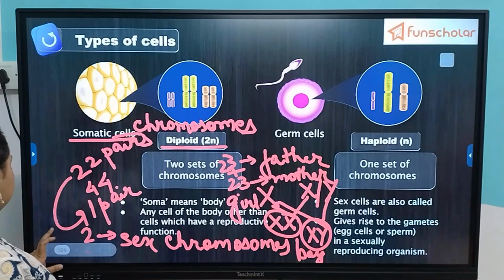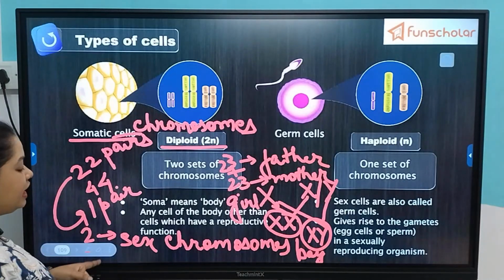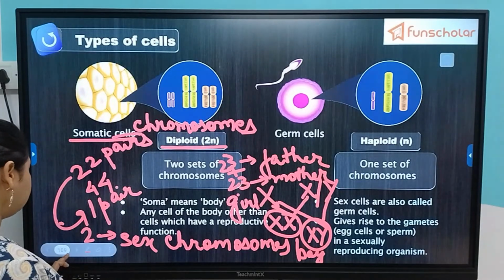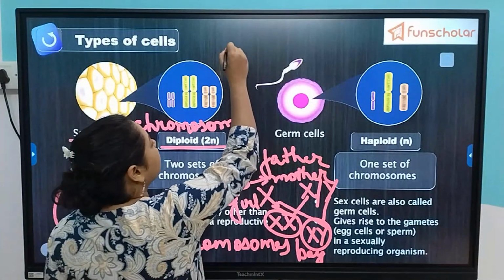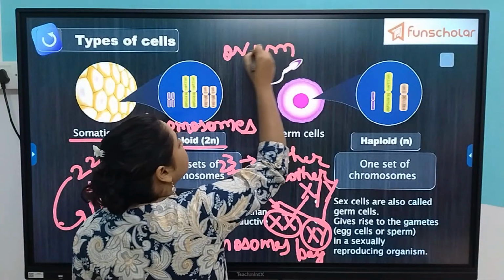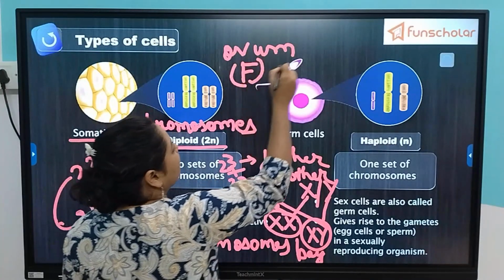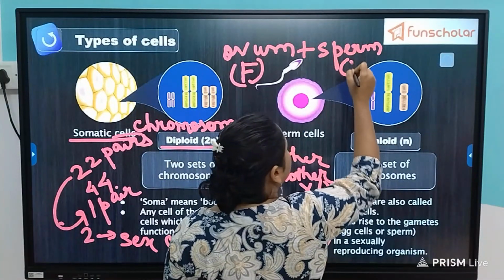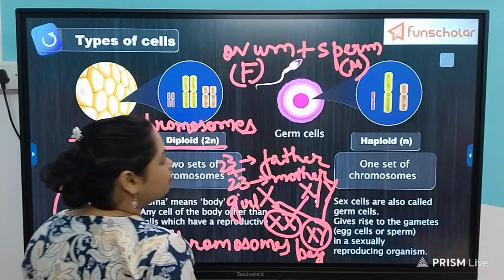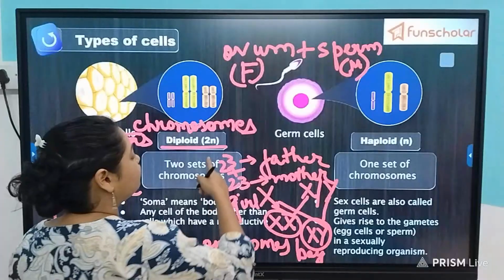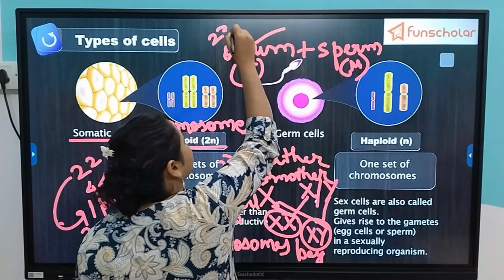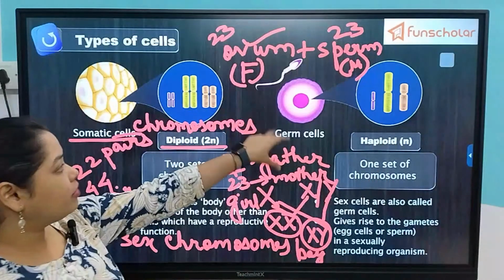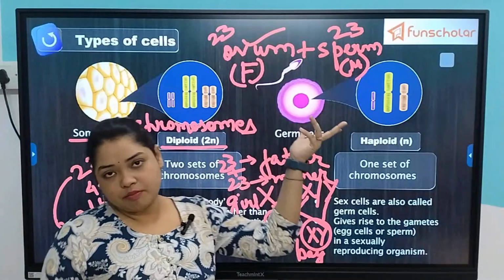Now, the sex cells, I already told you, the gametes: the ovum, which is the female gamete, and the sperm, which is the male gamete, right? So they combine with each other. I already told you each of them will contain 23 chromosomes, and when they combine they will give rise to 46 chromosomes.